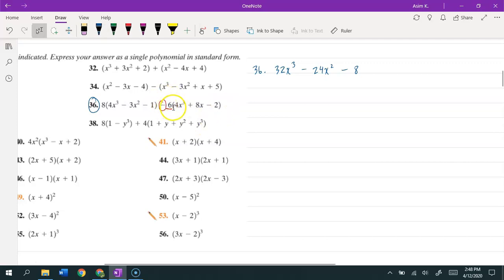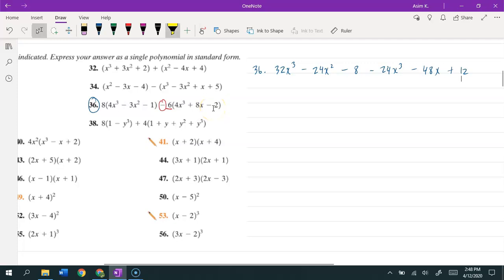We should say negative 6 times 4x cubed. And so we'll have negative 24x cubed, like that. Then we'll have negative 48x. And finally, we'll have positive 12, because a negative multiplied in is going to switch the signs on all 3 of the terms that you're looking at on the inside right there.